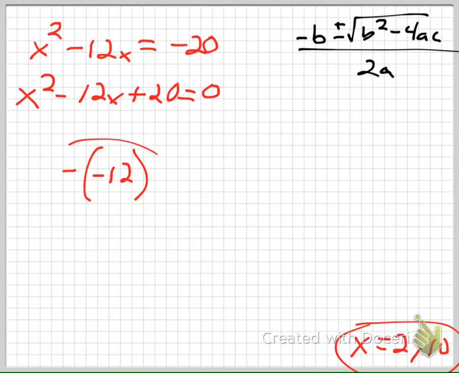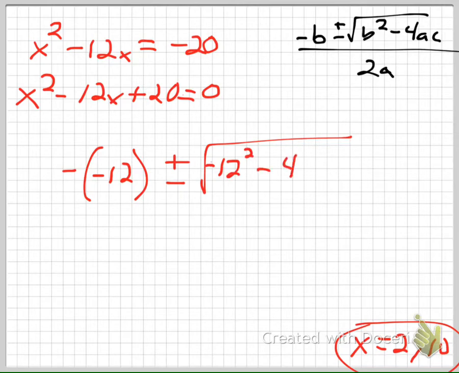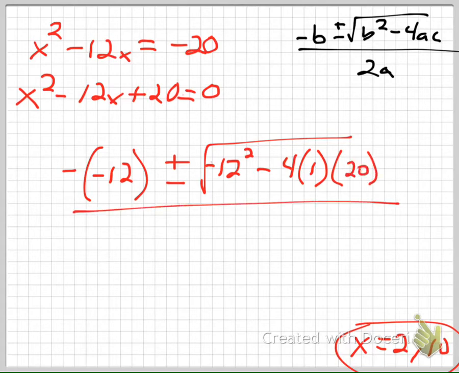Minus b, right there, plus or minus the square root of b squared. What's b again? B squared is negative 12 squared minus 4 times 1 times 20. All divided by 2 times 1.